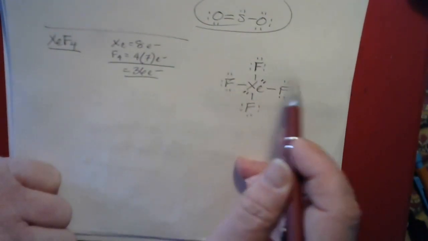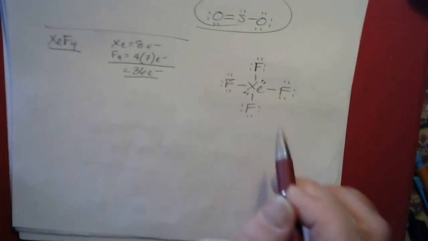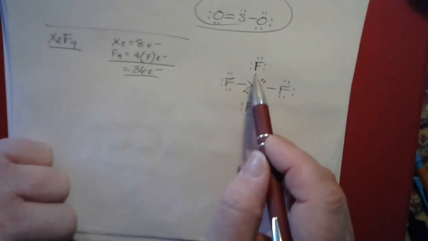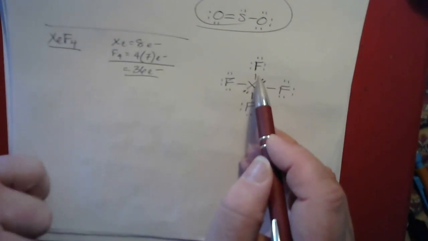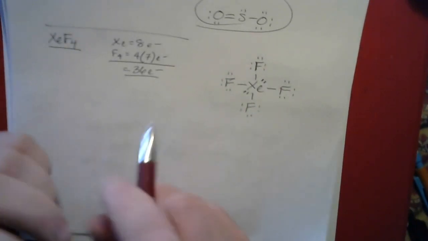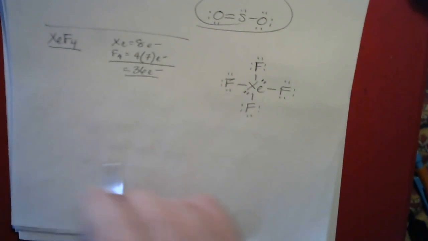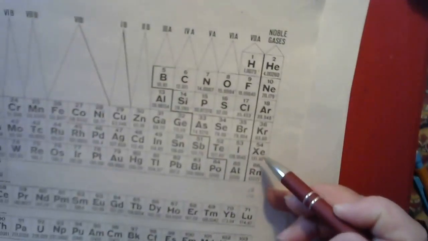We know that the fluorines have octets because we made sure of that during the procedure. And the xenon has, let's look at the xenon, 2, 4, 6, 8, 10, 12. The xenon actually has 12 electrons on it, but that's okay because xenon is one of the nonmetals below period 3.